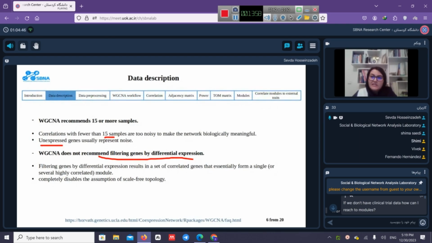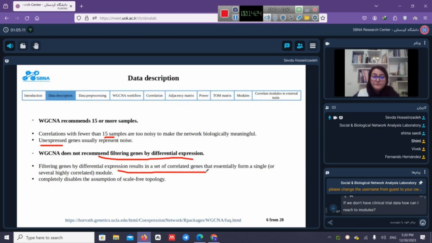And maybe I think it's better to use just these 200 genes instead of the 28,000. But that's strongly wrong, because filtering genes by differential expression results in a set of correlated genes that essentially form a single or several highly correlated modules.